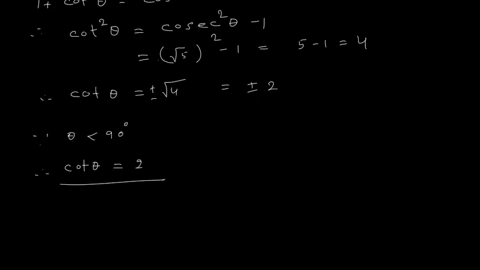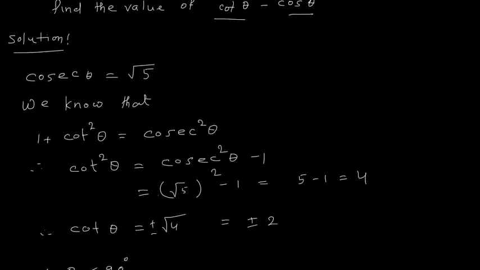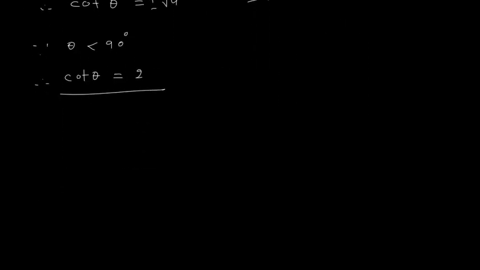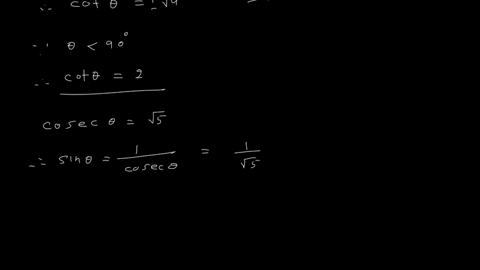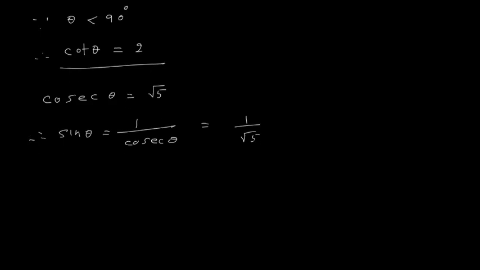I got the value of cot theta, and cosec theta is given root 5. So cosec theta is root 5, therefore sin theta, which is reciprocal of cosec theta, will become 1 upon root 5, right? So sin theta is 1 upon root 5, cot theta is 2.